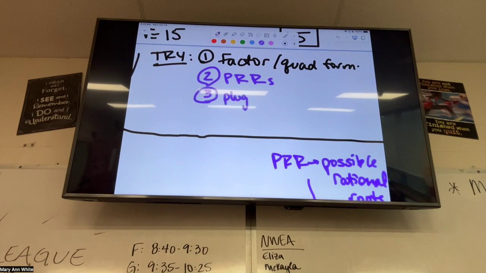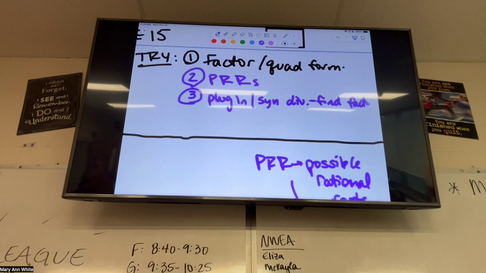You need to plug in or use synthetic division to find factors. I generally like to plug in because I think it goes a little bit faster and I don't have to show as much work. I can do a little bit more of it in my head or on my calculator. When I do the synthetic division, I feel like I have to really show out all those steps.